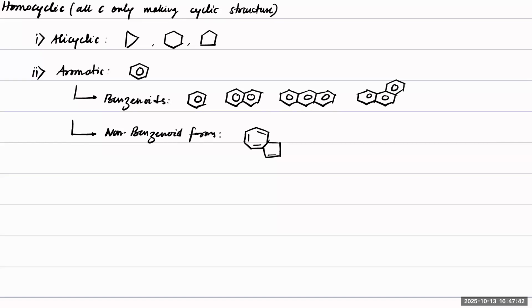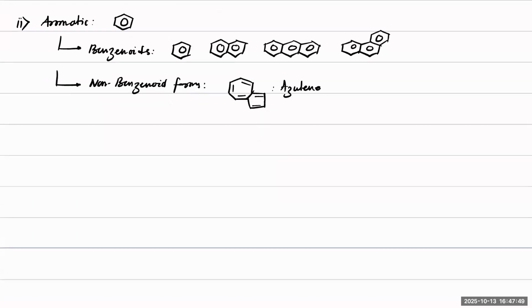This is called azulene. The compound is aromatic, but it is not benzene type. With a double bond to O, this is called tropolone. Again, aromatic. So these kinds of compounds are called non-benzenoid forms.